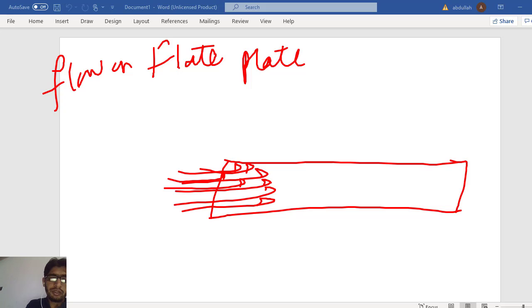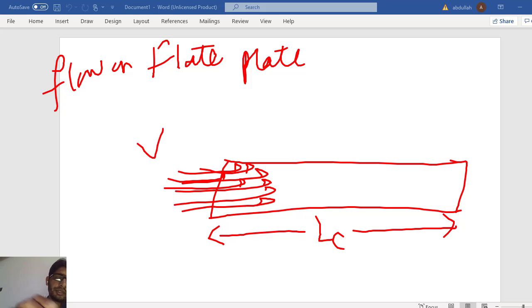This is the length of the plate, which is the characteristic length, and this is the velocity of the fluid, this is the density of the fluid, and this is the viscosity of the fluid.